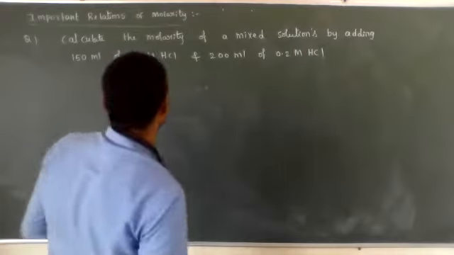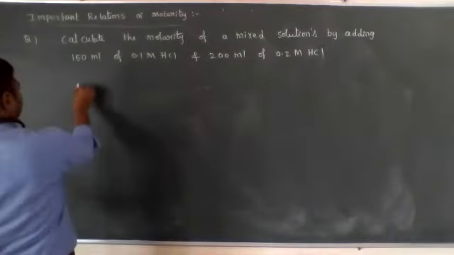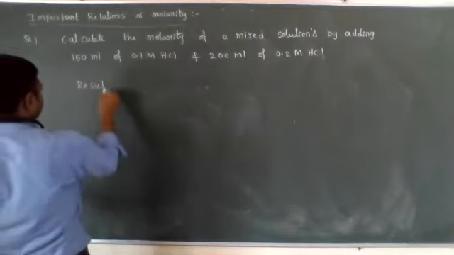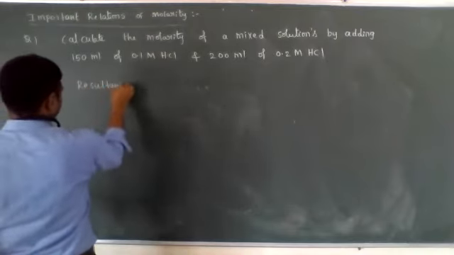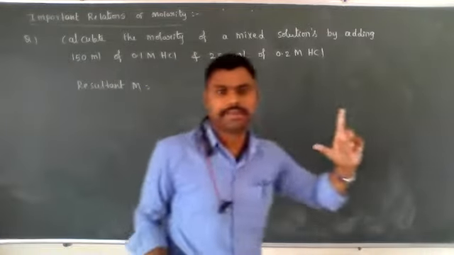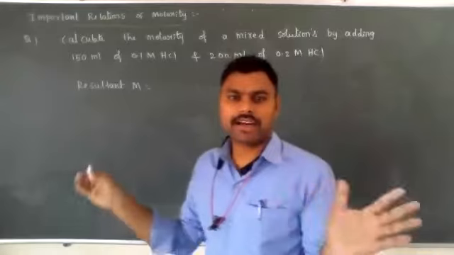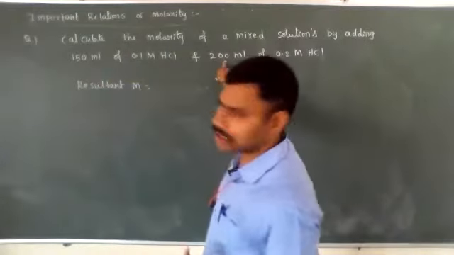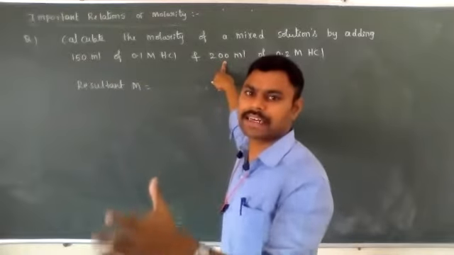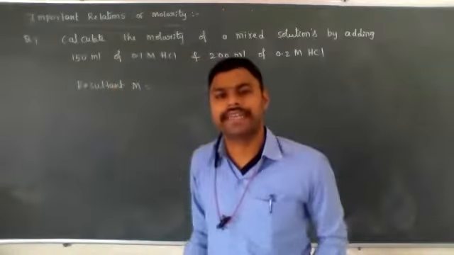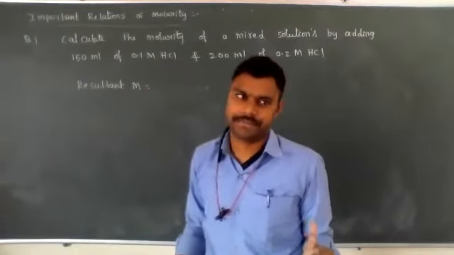So the resultant molarity is equal to, here I am mixing two solutions and I am not adding any additional water, just this much and this much. If I added external water, then the total volume only we need to consider in the denominator.